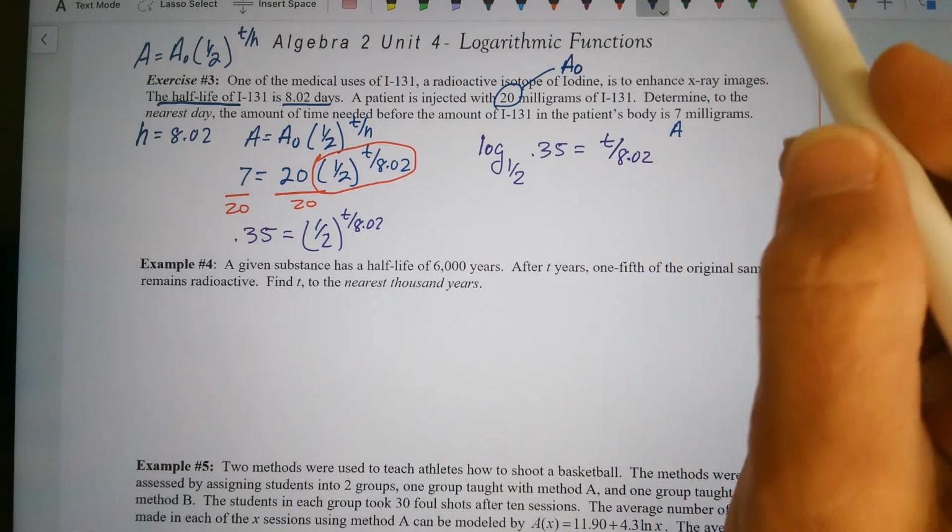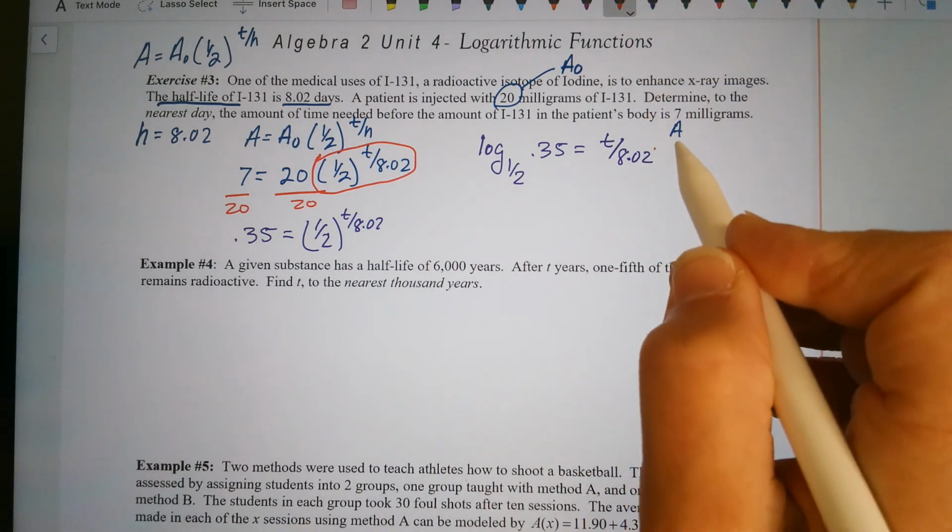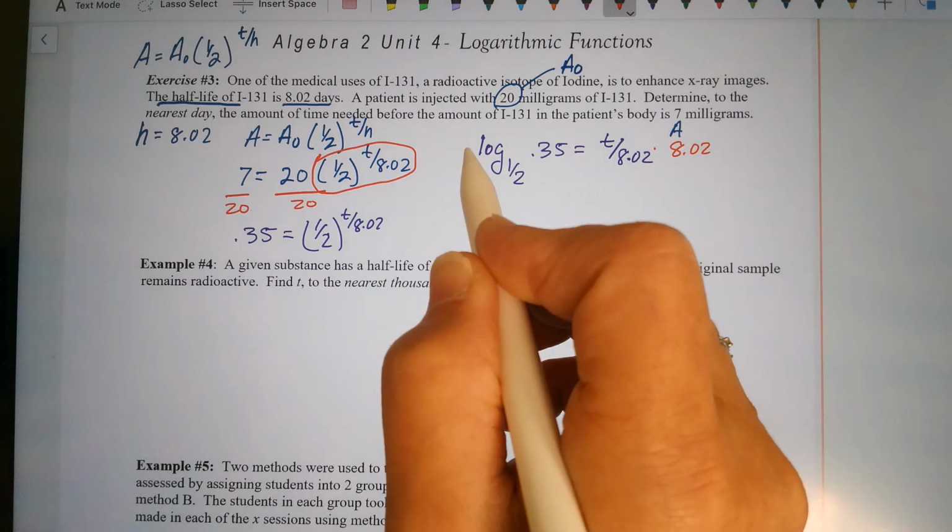Get rid of the division. Multiply by 8.02.